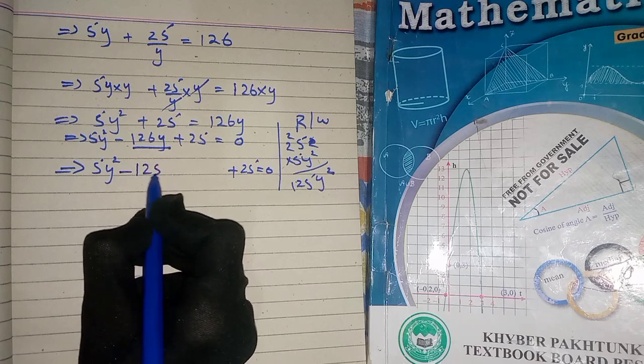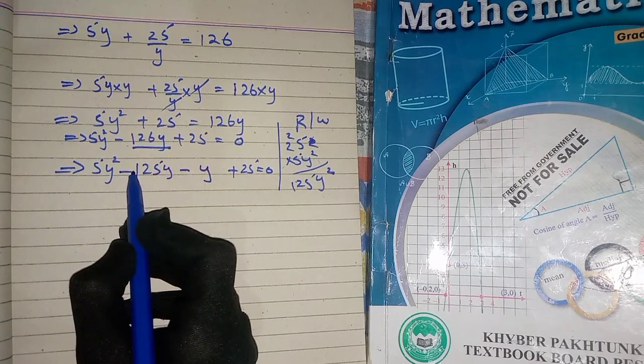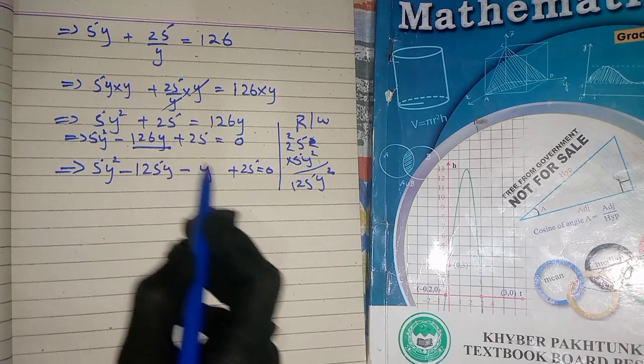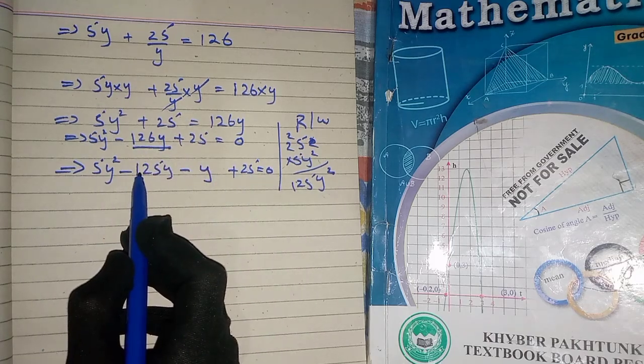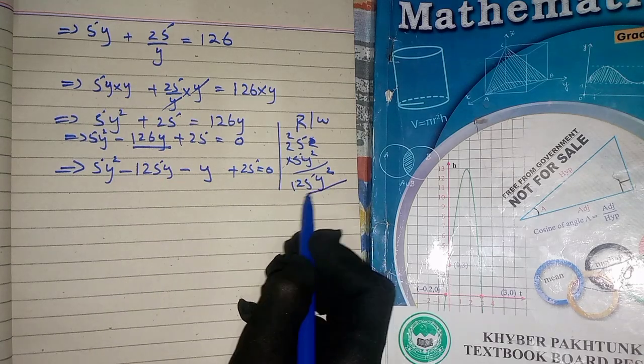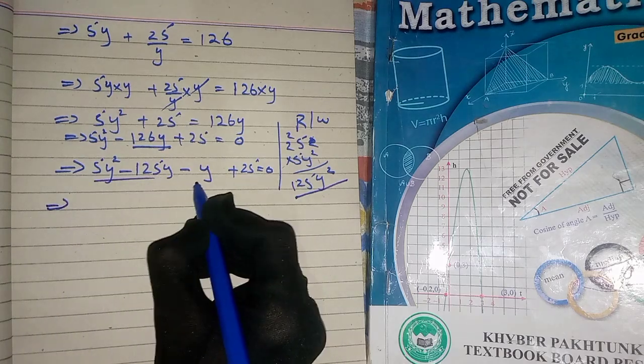Minus 125y minus y. 125y and 1y become minus minus plus 126, and when we multiply 125y with y, it becomes 125y square. Now we take common from two terms.